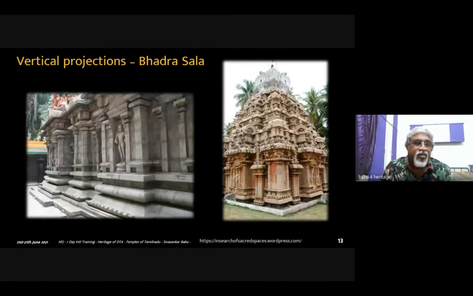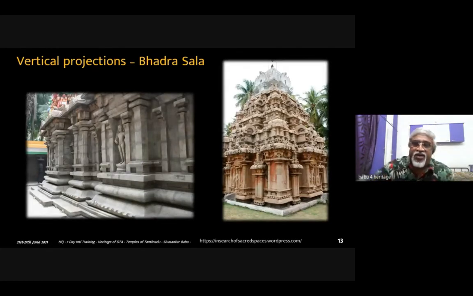We see one more example in Thiruvayaru, the southern Kailasa temple. There also you see the wall and the entire section of the Bhadra portion getting projected at one level, and the next Panchara and Kuta level getting projected one level in.